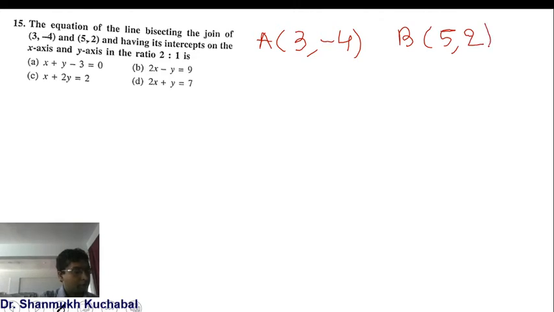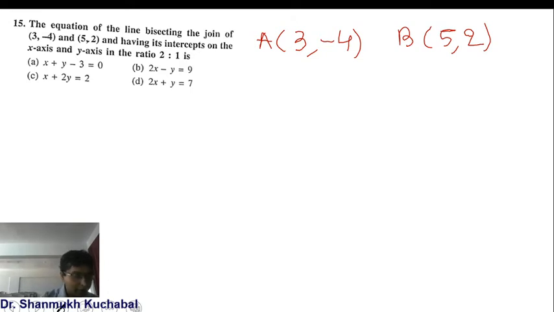Here the first point is A with coordinates (3, -4) and the point B is (5, 2). The line passes through a point, and the intercepts are in the ratio 2:1.